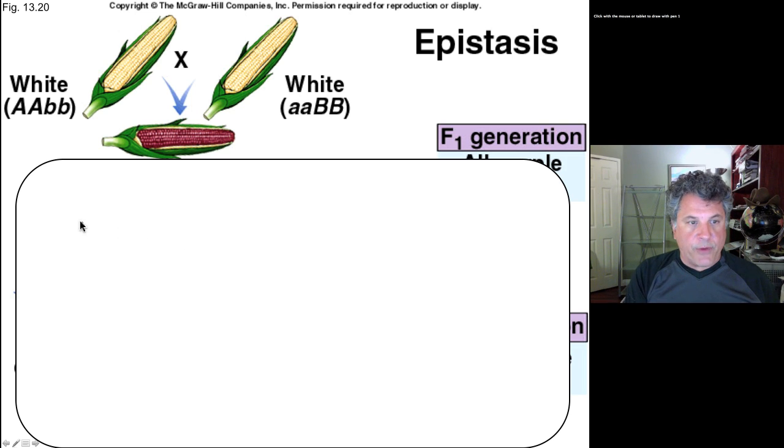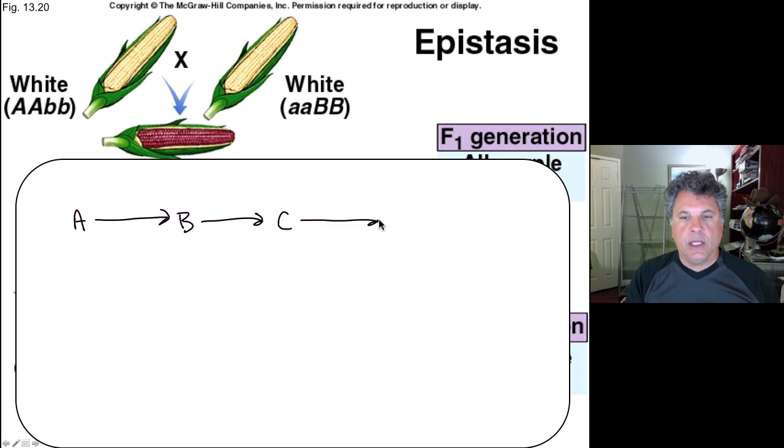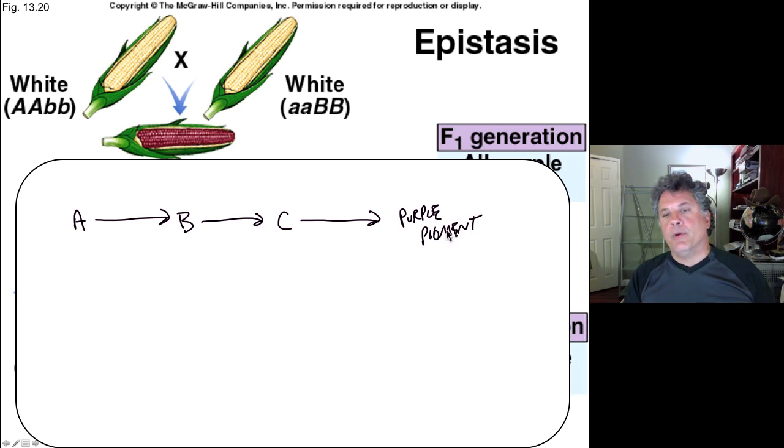So if we imagine we have a biochemical pathway here, say compound A is converted to compound B, which is converted to compound C. Let's say that gets converted to purple pigment. So this is a biosynthetic pathway involved in producing purple pigment. And just like every other biochemical pathway, we have enzymes here.